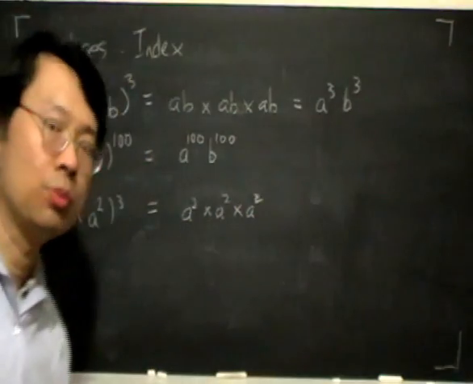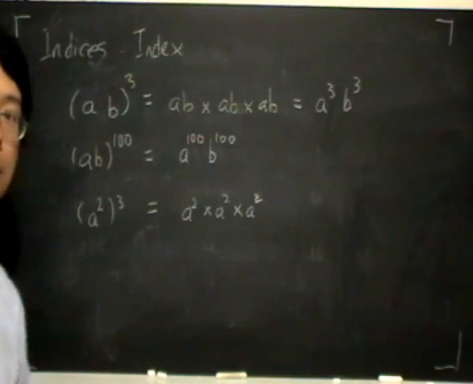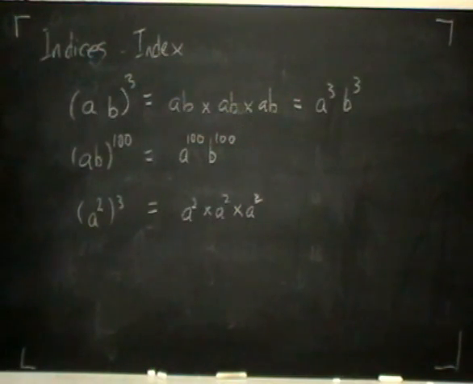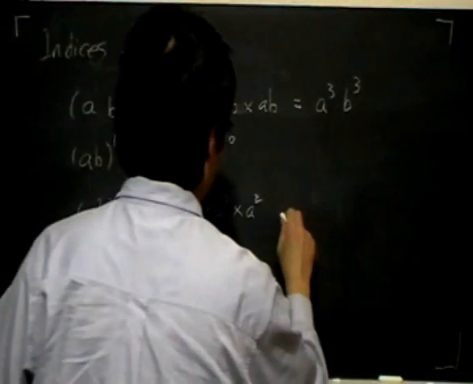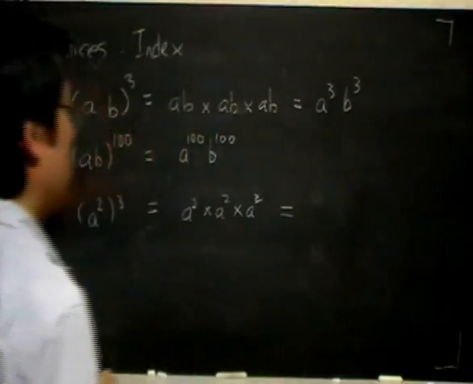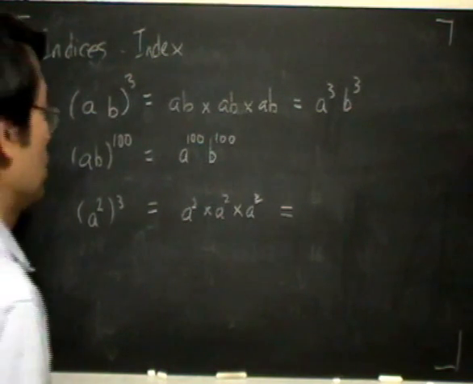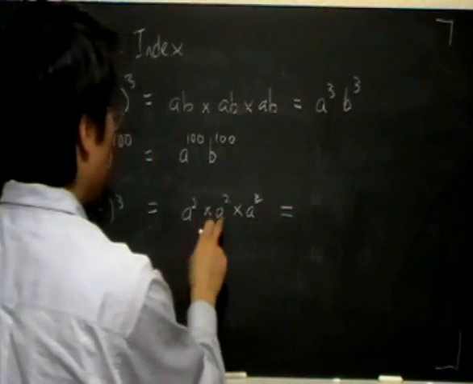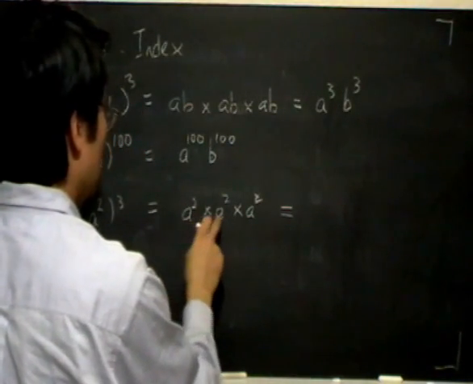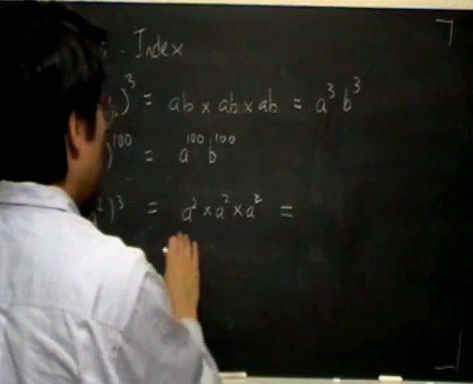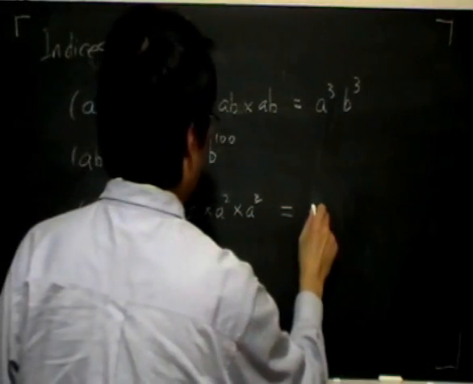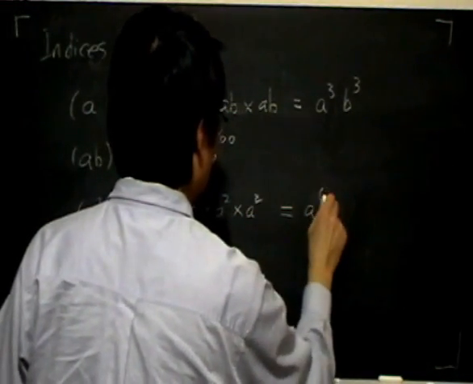That's the cube of A squared. If we write each of these out in full, we have 2 factors of A here, 2 of A and 2 of A. So altogether there are 6 factors of A, and we should have A to the power 6.